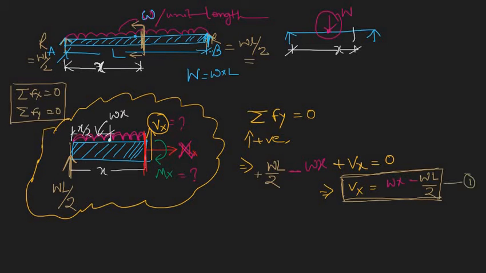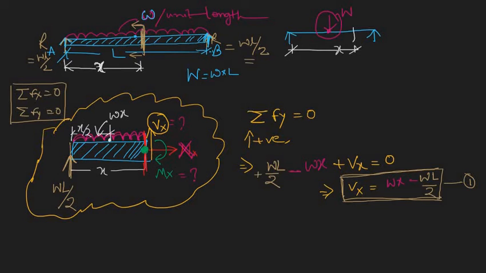First equation, got it. Now for the second one, to find the moment, we have to take the moment about this point, because it is not rotating. So the net moment about this point, indicated in green color, is 0.